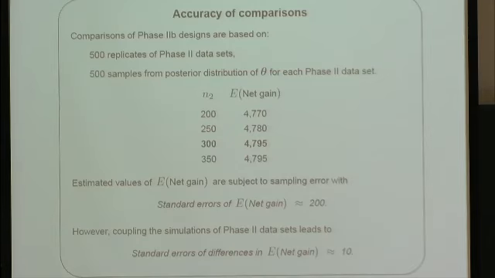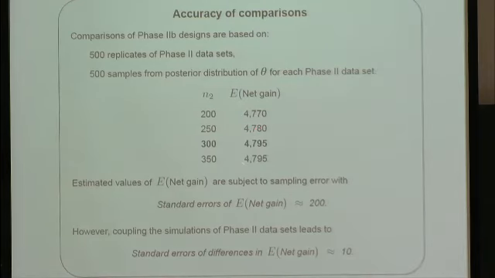Interestingly, if you look at the standard error on this number, 4795, it's about 200. So you might say, well, this is useless. However, one smart thing was done in the simulations, which was to couple all the scenarios. So comparing different N2s, I actually had the same generations of theta values from the prior, and coupling as far as possible the responses by using the same error term on the doses there.